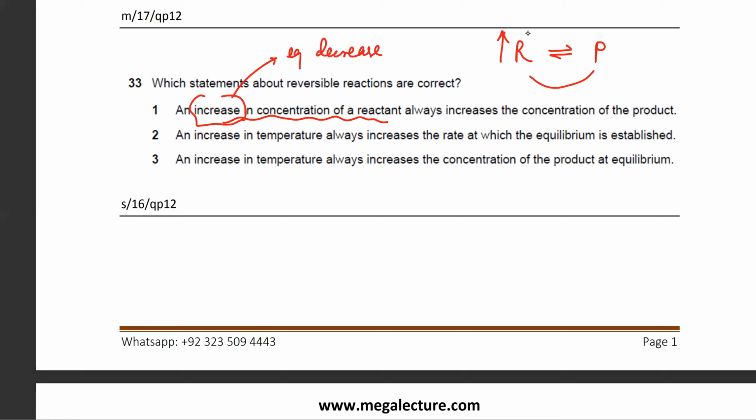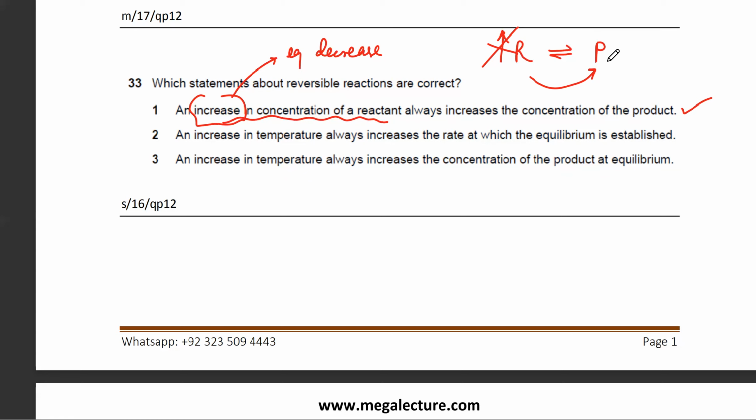So it's going to make more products. It's going to do the opposite. It's going to favor the forward reaction, and there's going to be more products. So the first statement is correct: if you try to increase reactants, the equilibrium is going to stop you doing that by favoring the forward reaction.